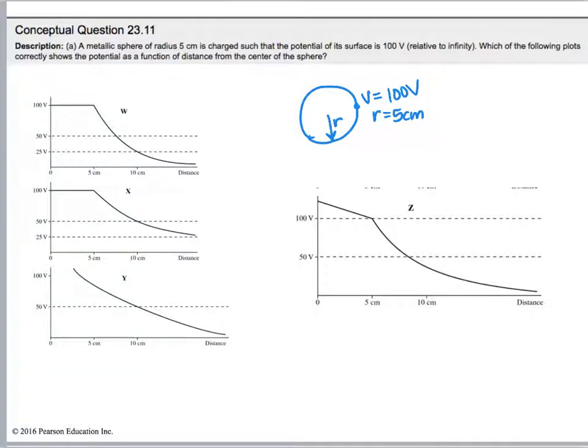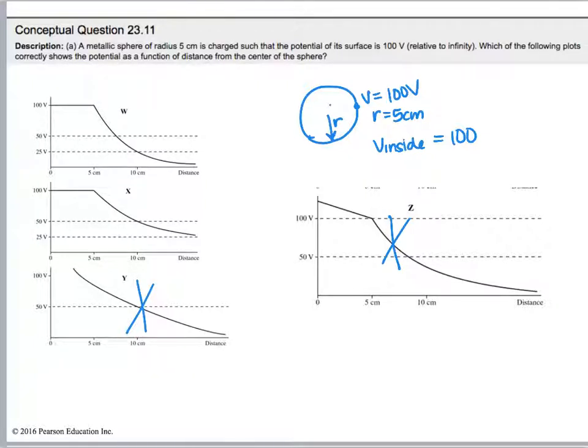It wants you to say what the potential looks like from the very center of the sphere to way far away. So what we learned in the last slide is that V inside should also be equal to 100. That brings us to eliminate this graph and this graph, and now we have to figure out which one of these is correct.